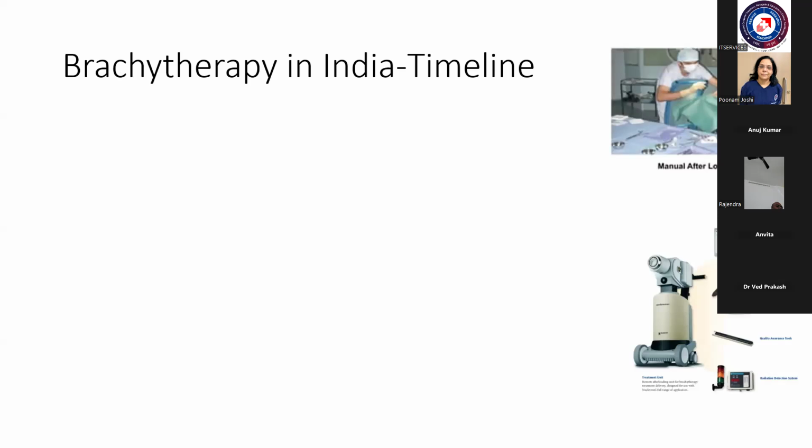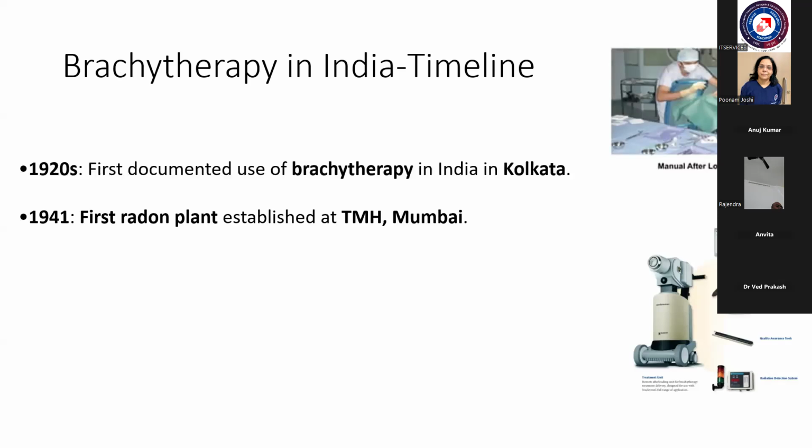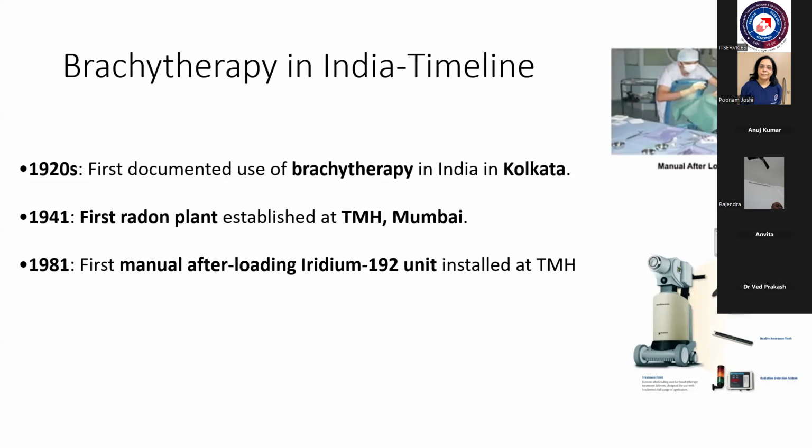In India, we should know the timeline of brachytherapy. In the 1920s, the first documented use of brachytherapy was done in Kolkata. In 1941, the first radon plant was established at TMH Mumbai. In 1981, the first manual afterloading iridium-192 unit was installed at TMH.